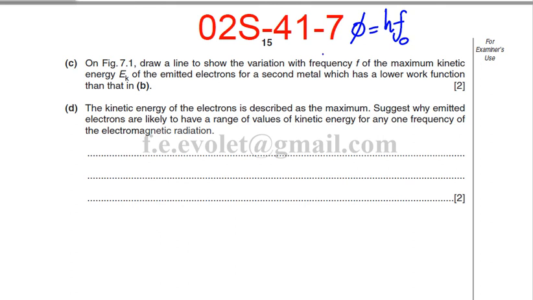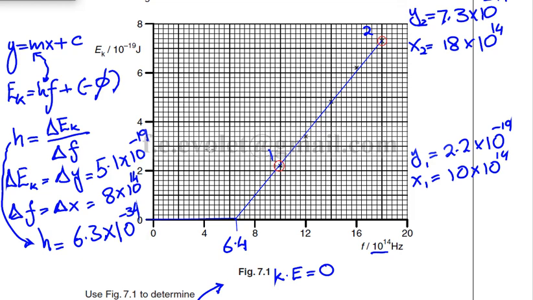If work function is less, it means the threshold frequency f naught will be less, but the slope will be the same. So we need a graph line having the same slope but starting from anywhere at a lower frequency than the 6.4. So like this red line.